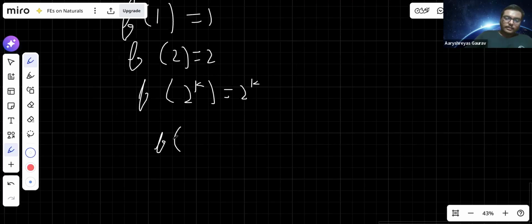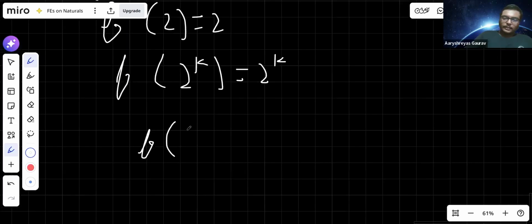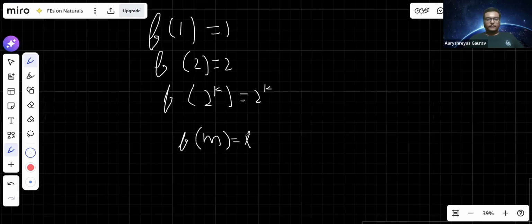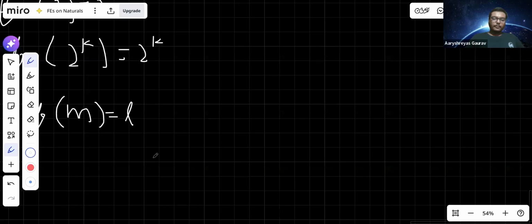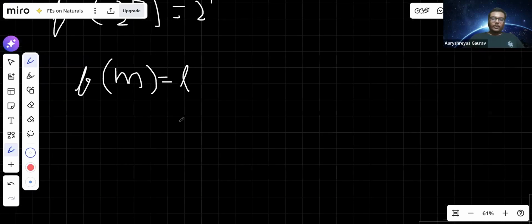Here I will let f of m be equal to L. We don't know where L is. Now I can put some conditions on m: m is greater than or equal to 2 to the power k and less than 2 to the power k plus 1.